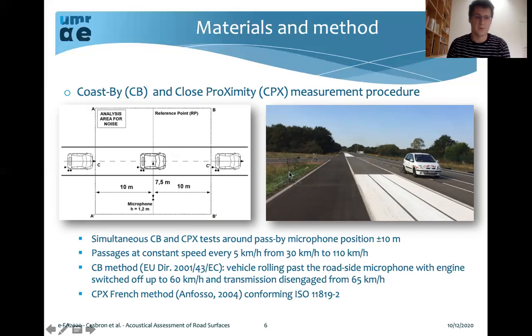Passages were performed at constant speed, every 5 km per hour, from 30 kph to 110 kph. Regarding the coast-by method, the vehicle was rolling past the roadside microphone with the engine switched off up to 60 kph, and after that speed, so from 65 kph, only the transmission was disengaged.